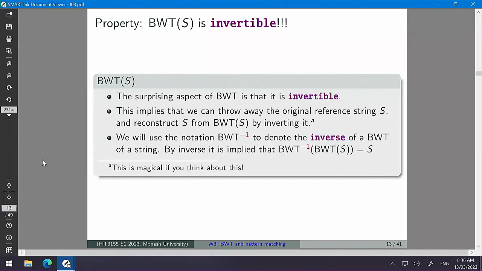That's the reason why zip works. Essentially, it takes your file, converts it into its Burrows-Wheeler transform, and compresses it. Inverting it is decompressing and reverting it back to the original. It's magic if you have a function like that on strings, and if you can do it efficiently, even more so.